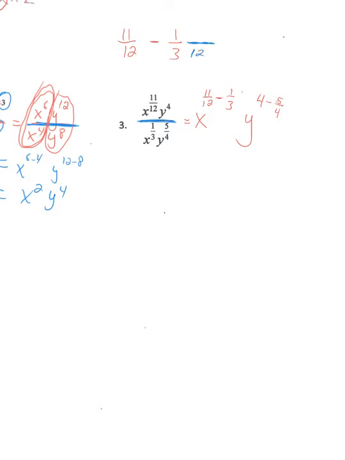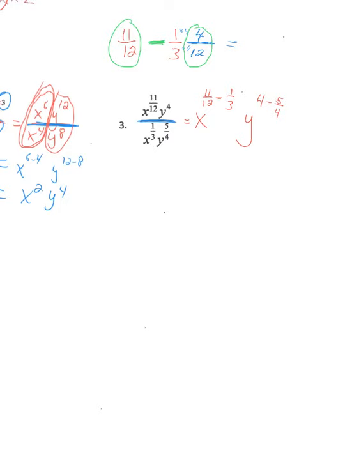For me to do that, I take my 3 and I multiply it times 4 to get it up to be a 12. But I need to do that in the numerator as well. So when I multiply that 1 by 4, I get 4/12. So now that I have a common denominator, I have 11/12 take away 4/12.